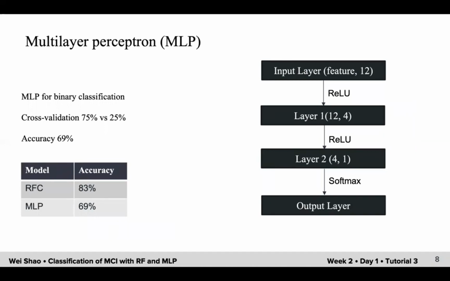I used two hidden layers, with ReLU and softmax as my activation functions. Comparing the Random Forest and the MLP, I would argue that Random Forest performs better on this binary classification, especially since Random Forest has been proven more robust and more reliable with limited data sets.